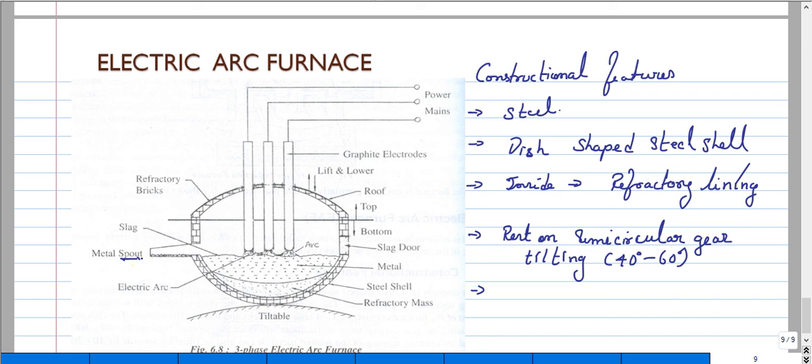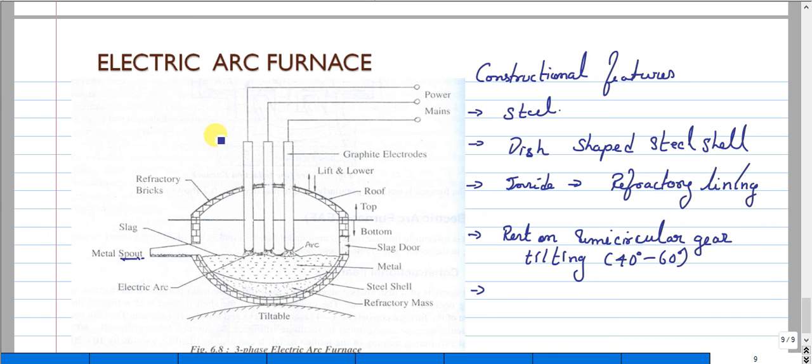While tilting, for the metal to flow into a ladle, a pit has been made to rest the ladle. So you can tilt and the molten metal will pour into the ladle. And you can notice one more door which has been kept diagonally. If you see here, the slag door, where you can remove the slag.